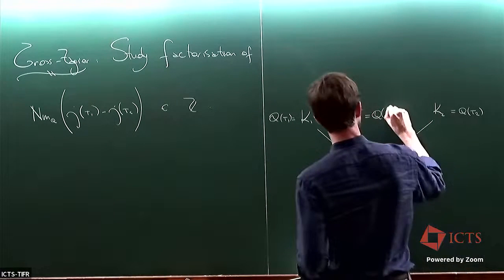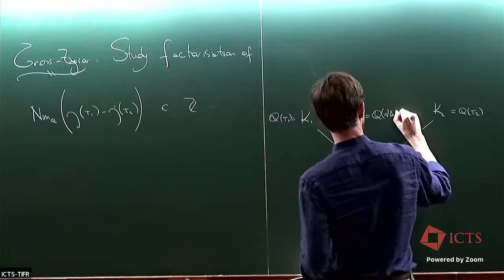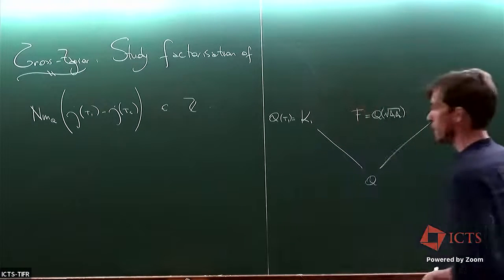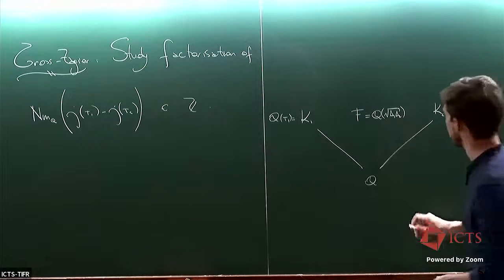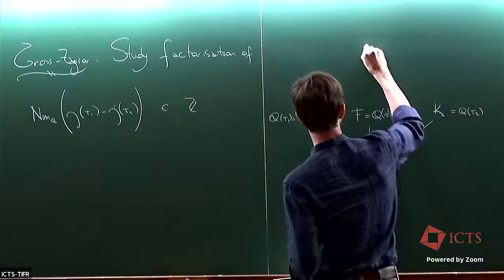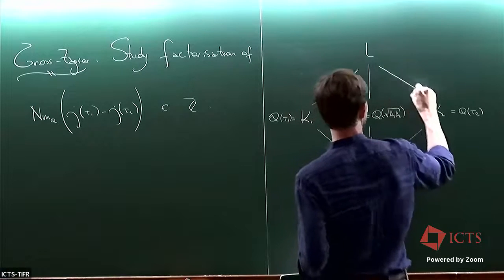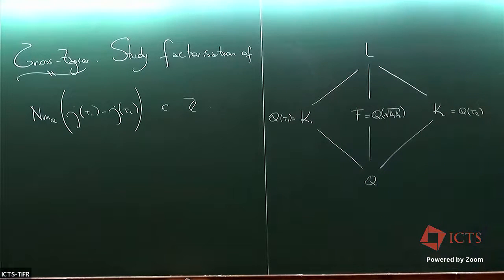Then we have an intermediate quadratic field, obtained by adjoining the square root of the product of the two discriminants. Both of these discriminants are negative, so their product is positive, and this is a real quadratic field arising in a diagram like this. We have a biquadratic CM field, which contains this real quadratic subfield F that will play a very large role in their proof.